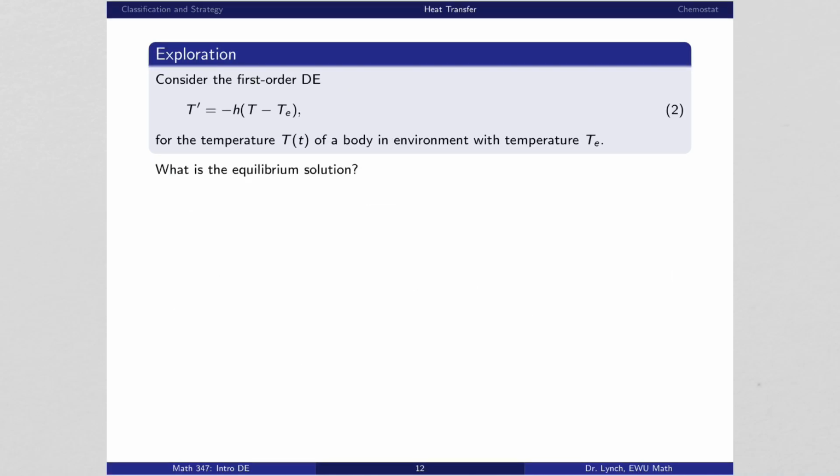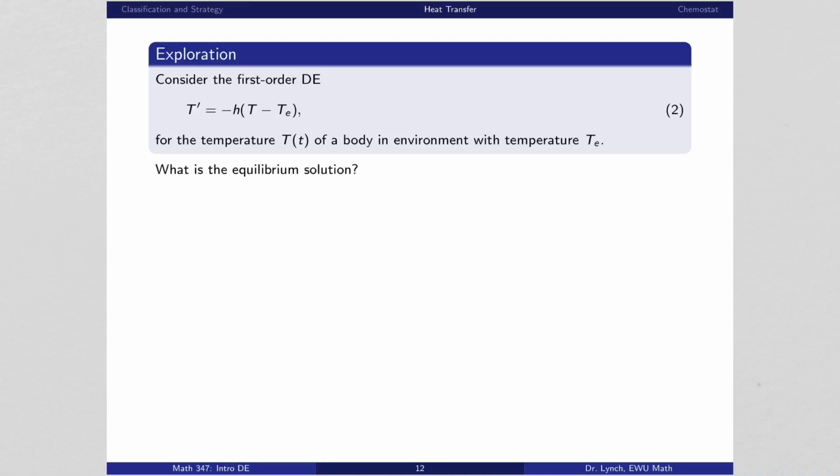Okay, so this differential equation is separable. It happens to also be an autonomous differential equation, and for autonomous differential equations, we can describe equilibrium solutions. I'll remind you that an equilibrium solution is a constant value that satisfies the differential equation. We find those by setting the right-hand side of the differential equation equal to 0.